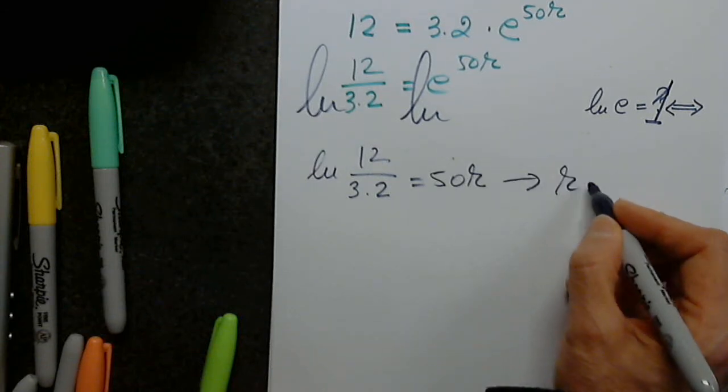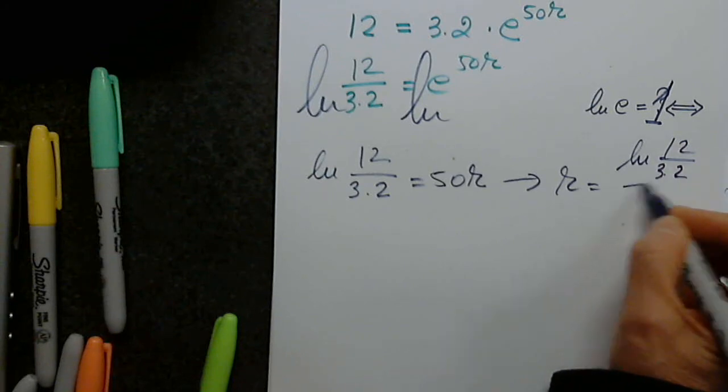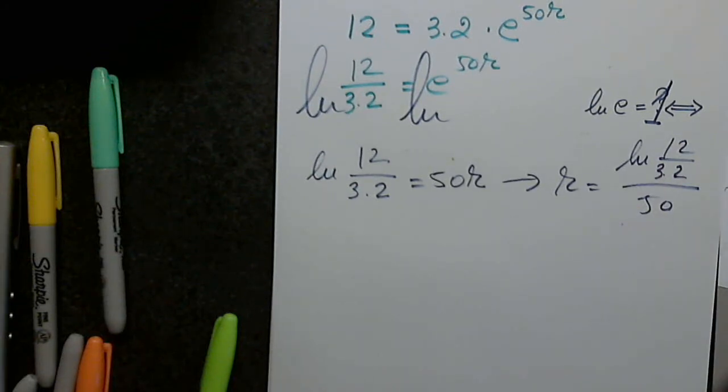Or from here, r equals this over this. Natural log 12 over 3.2, over 50. Ready? Okay. So natural log, in parentheses, 12 divided by 3.2.